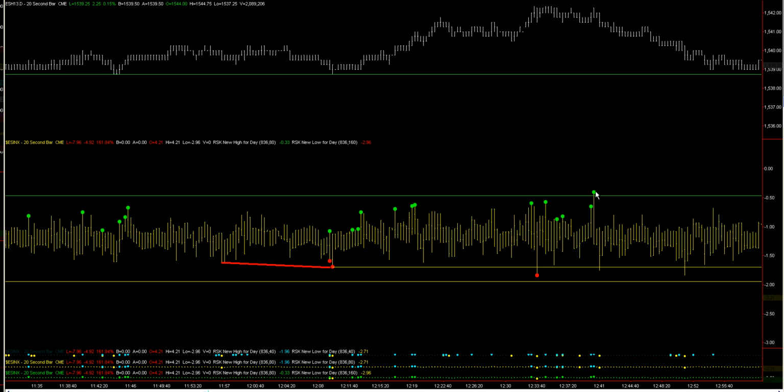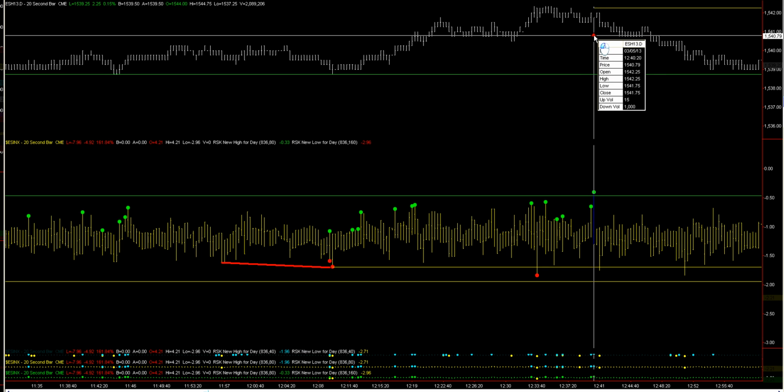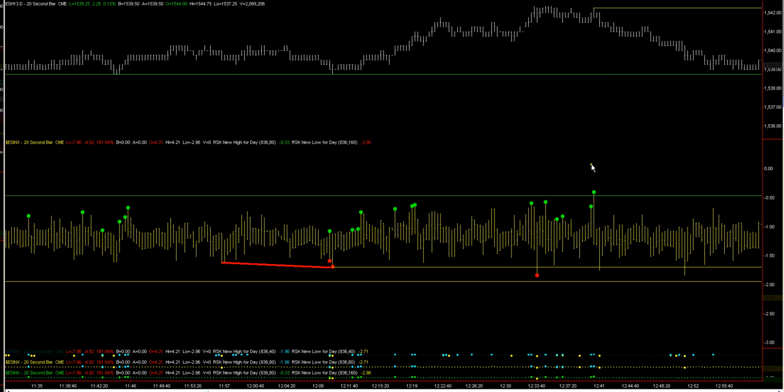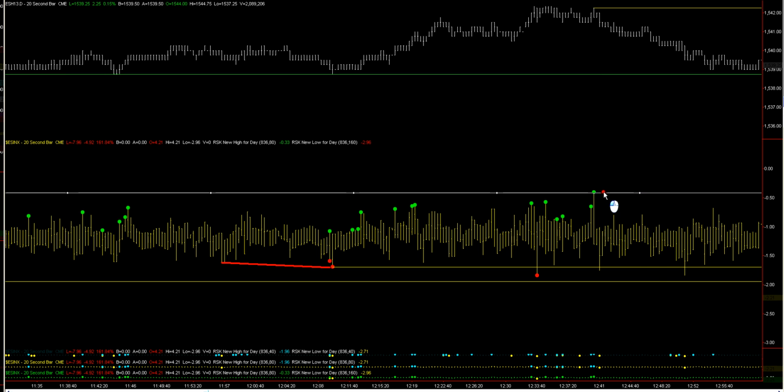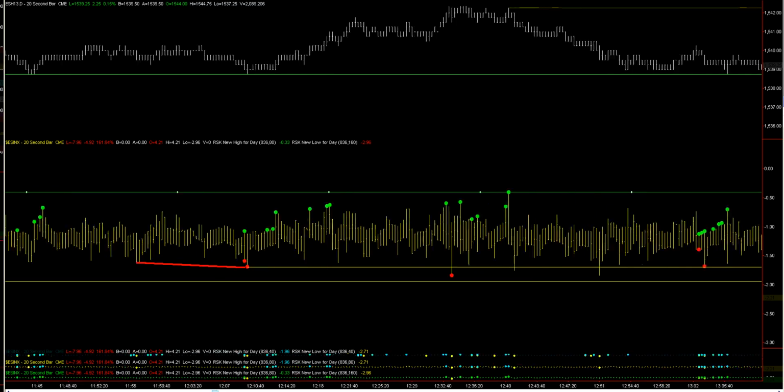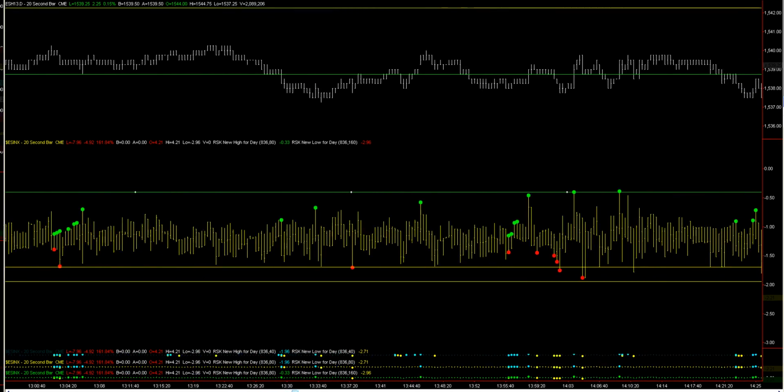This high on the premium forecasts a potential return to this price right here, 42.25, or a return to this level on the premium. Does the premium go any higher? Yes, it does.